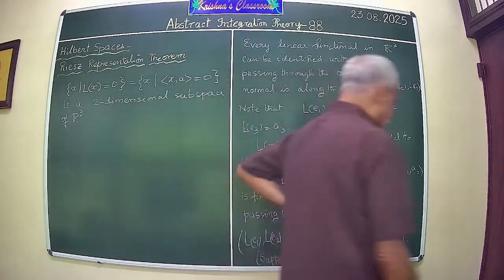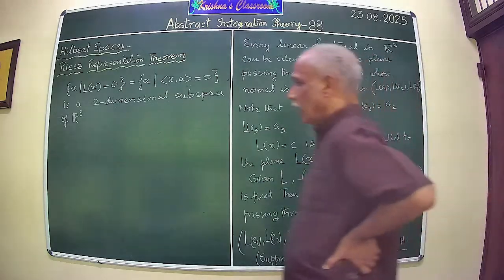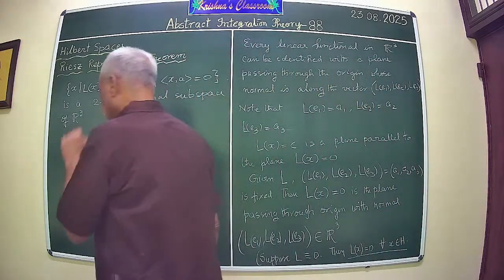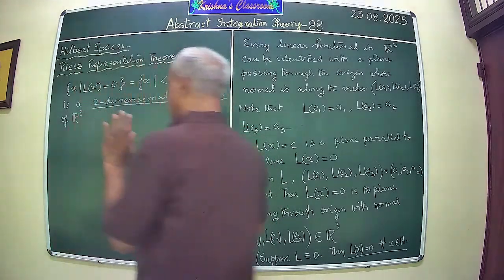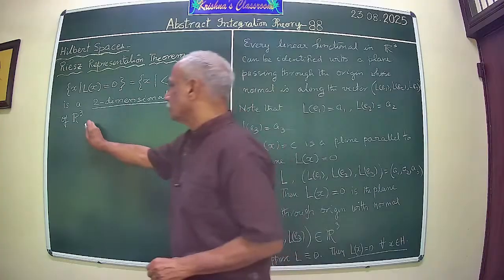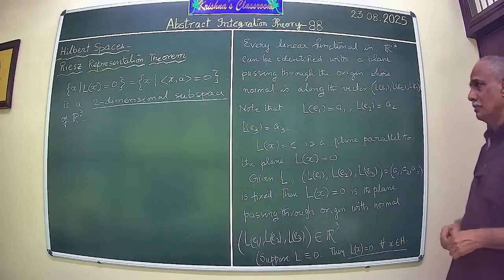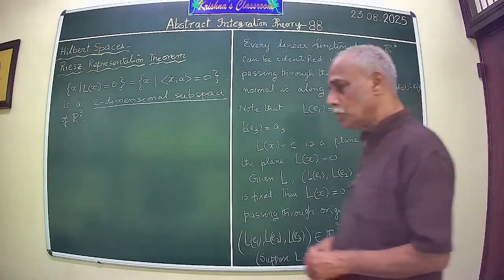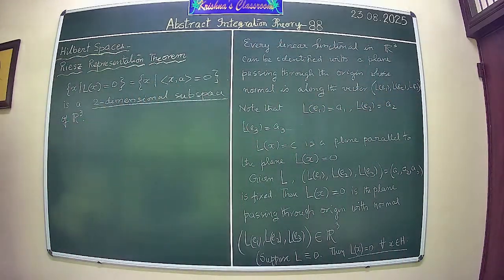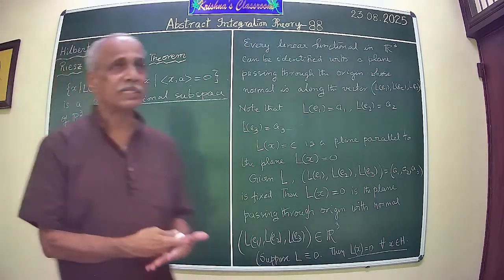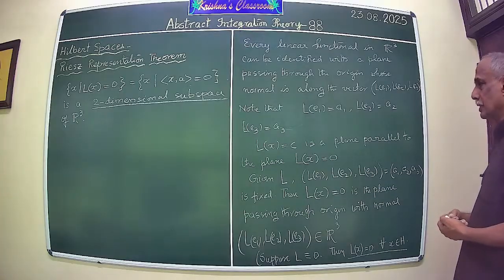So if you are working in R2, this is going to be a line which is going to be a one-dimensional subspace of R2. Okay. Which is uniquely identified with the two things, that it passes through the origin as well as its normal is given by A1, A2, A3.